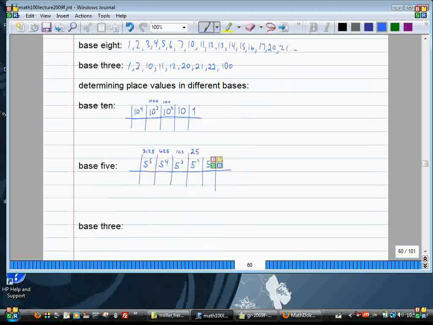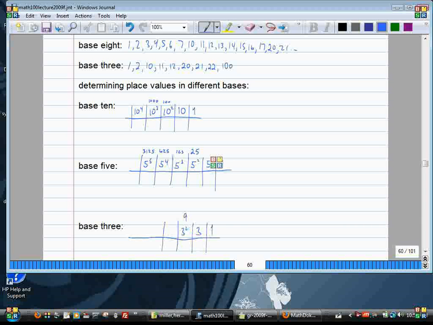So now let's go ahead and figure out base 3. What are our place values? So the lowest column, always a 1. What's the next place value? 3. Groups of 3. What is the next place value? Next place value is 3 squared, which is 9.